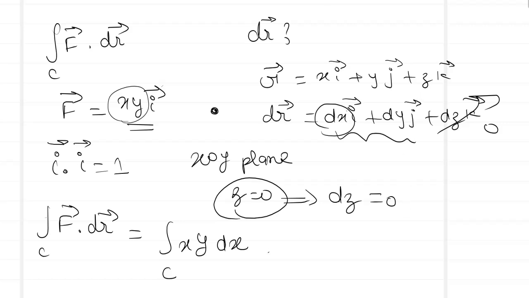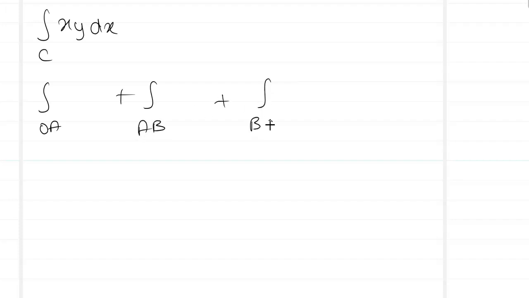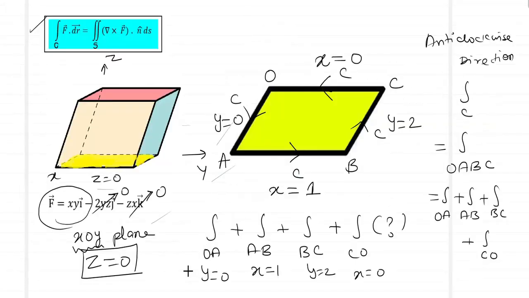And this portion is going to be evaluated for what? xy dx has to be evaluated along OA, along AB, along BC and along CO. So we will go and search for the equations.